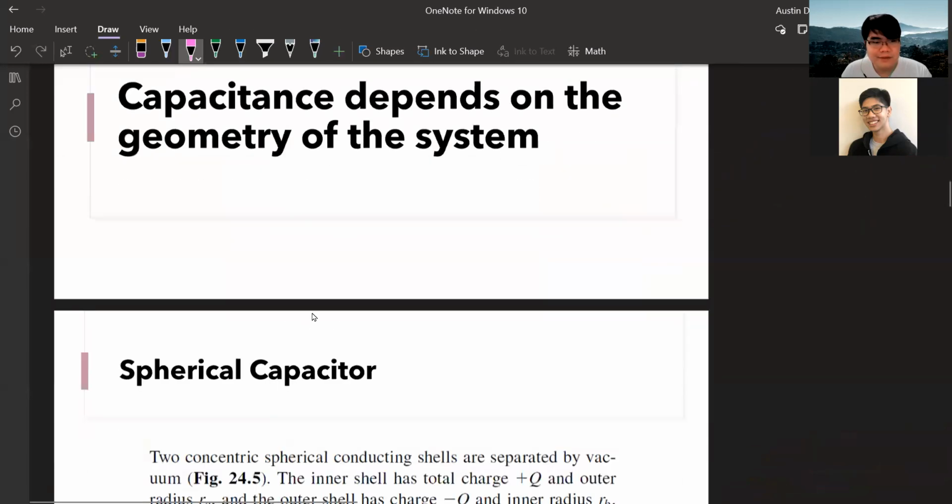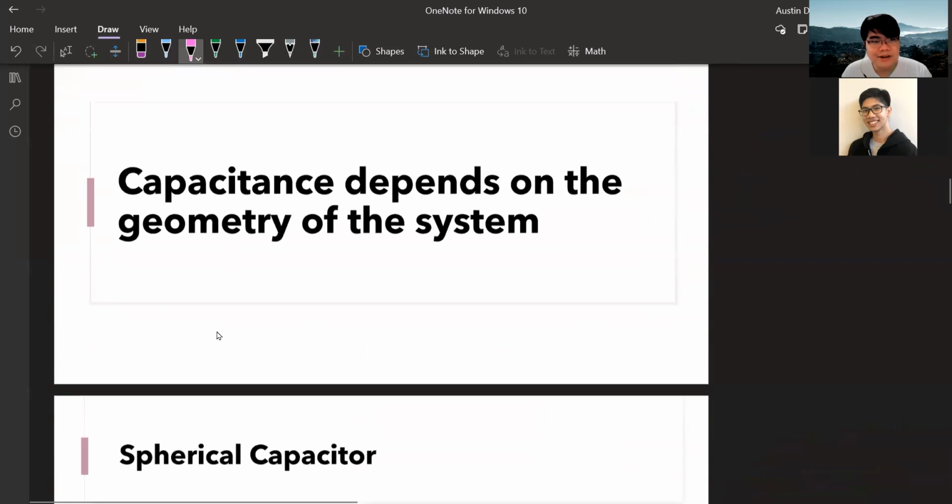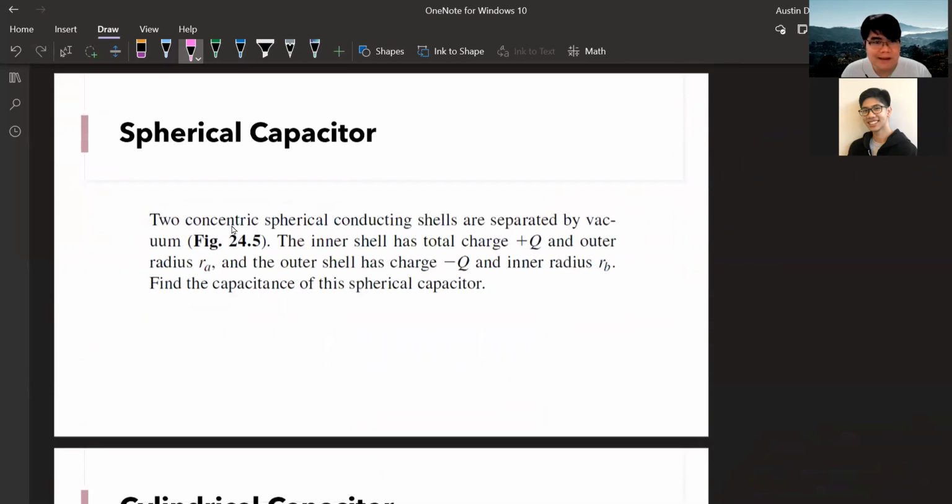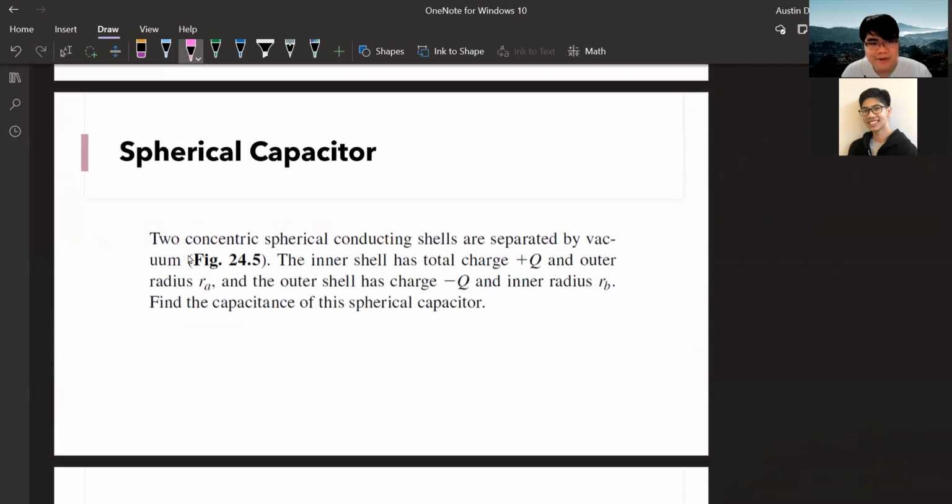So, let's try different capacitors. There are a lot of capacitors. We have the spherical capacitor, which is two concentric spherical conducting shells separated by vacuum.